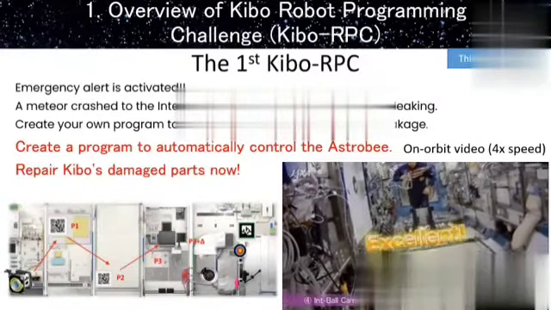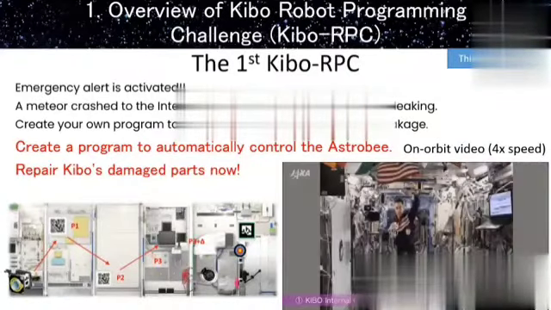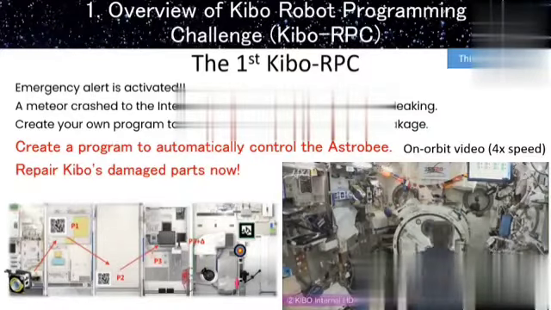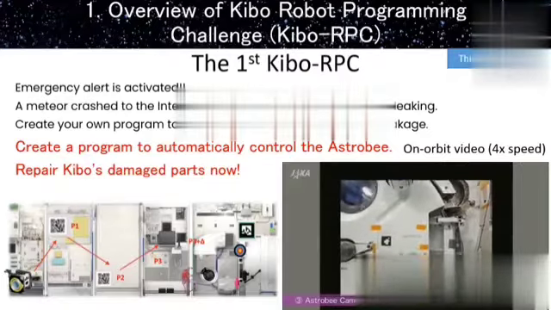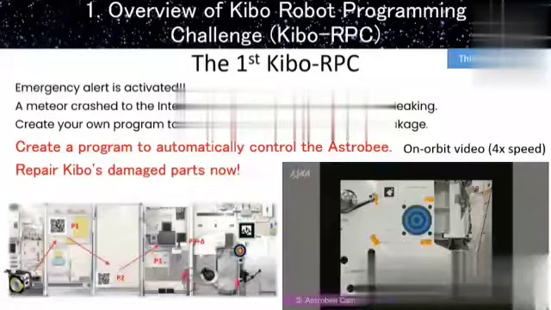Based on the information read, the team moves astrobee and aims at the target and irradiate the laser beam accurately. The score was calculated based on the time it took to complete this sequence of actions and the accuracy of the laser beam.